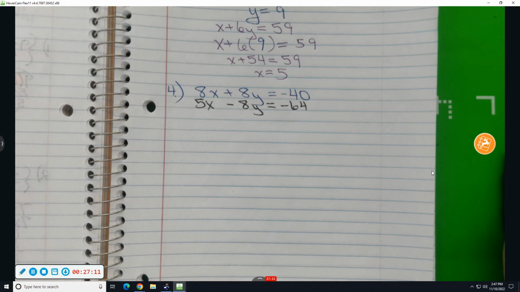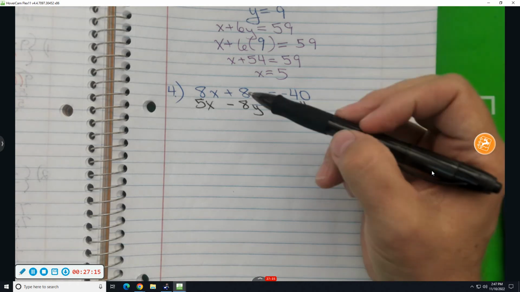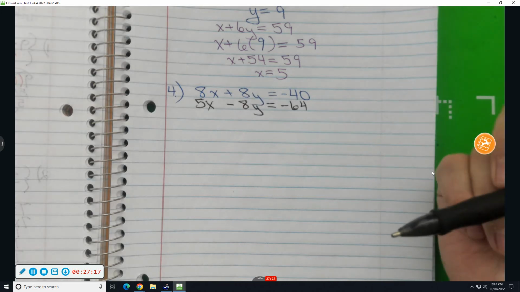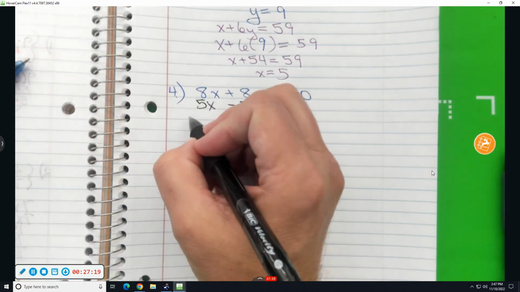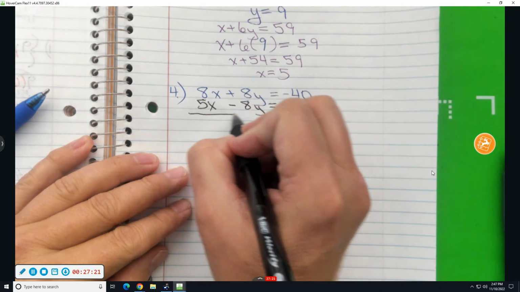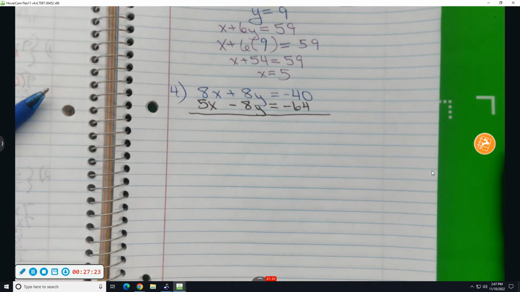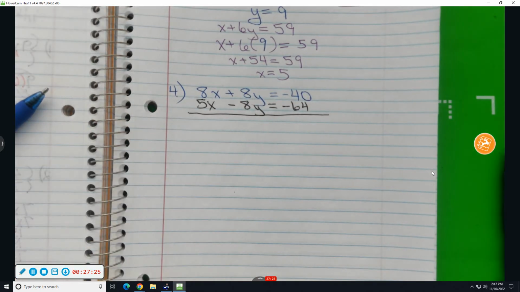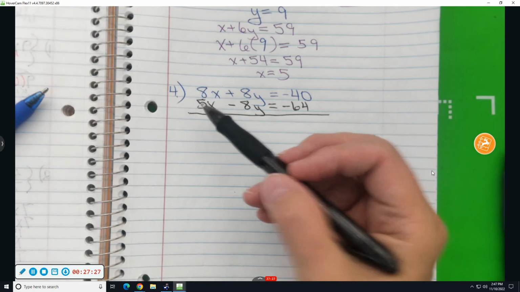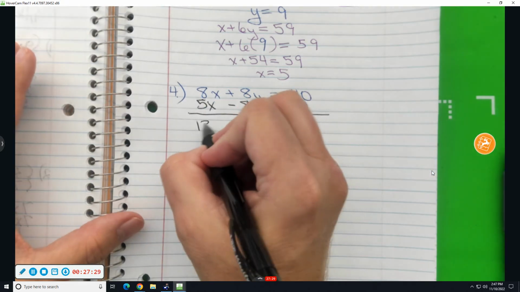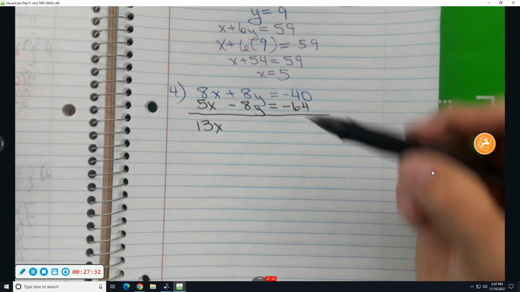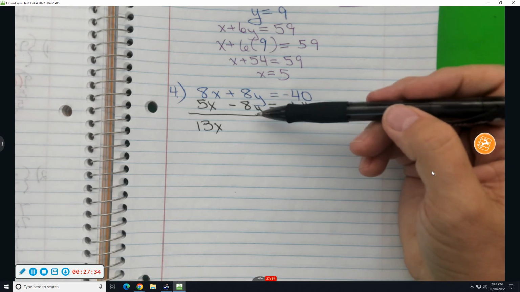Which variable will I be eliminating? The y. Notice we have a positive 8 and a negative 8. I didn't realize that was going to happen here, so this is nicer than I thought. Adding the two equations together, that's a positive 8x plus 5x, that's a 13x. And then an 8y plus a negative 8y.